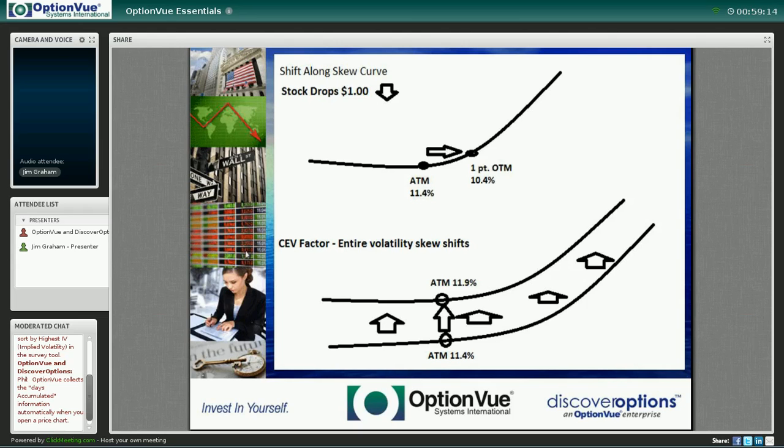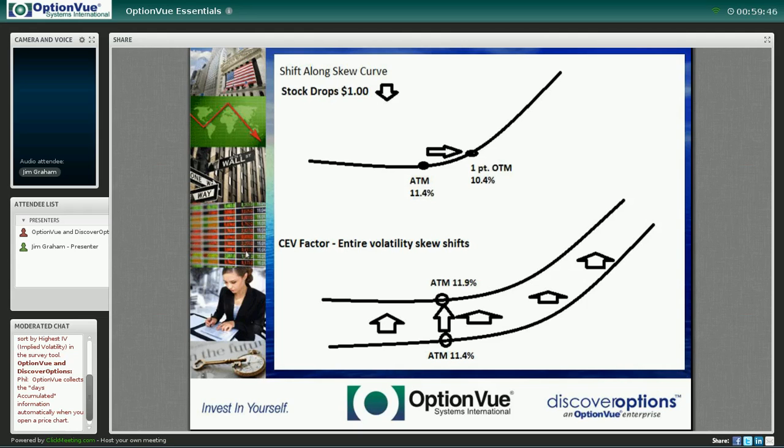Then we have that CEV factor, the constant elasticity of volatility. That's the entire volatility skew shift. So here's this one above is right here. The at the money is 11.4. Now, because this is kind of, what do you call it, a spectacular move for only a $1 drop in the stock, but he did it just for demonstration purposes, of course.